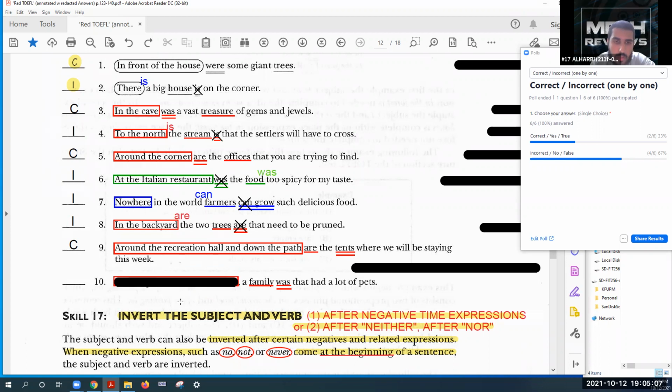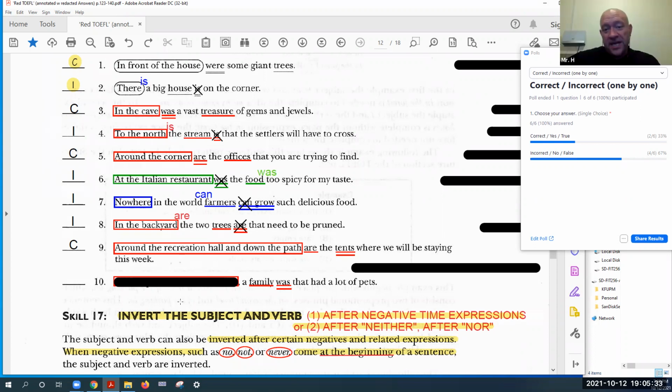Now, let me cover this up. A family was that had a lot of pets. Is this a complete idea? No, this idea is not complete. So if it is not complete, that means the expression is necessary, right?